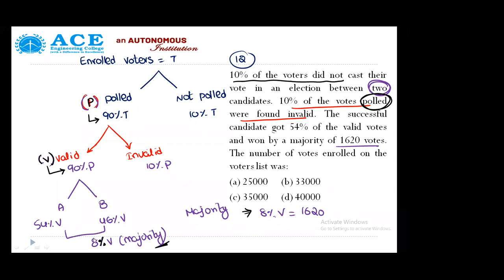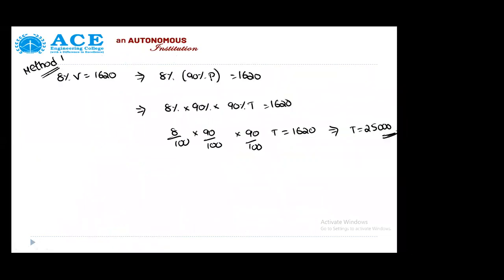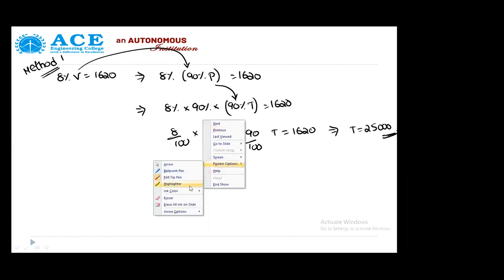Majority is 8% here, and that 8% is nothing but 1620. So 8% of valid, valid is 90% of polled, polled is 90% of the total. Then you find the total, which is 25,000. This is method 1.